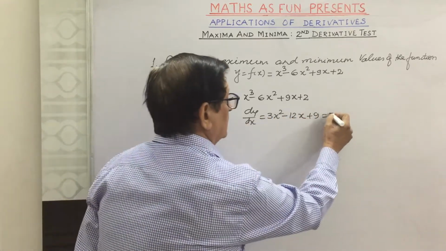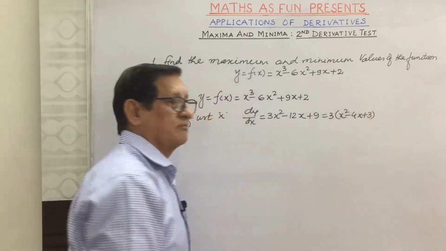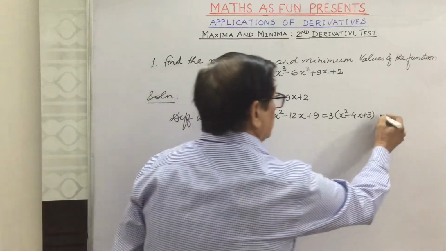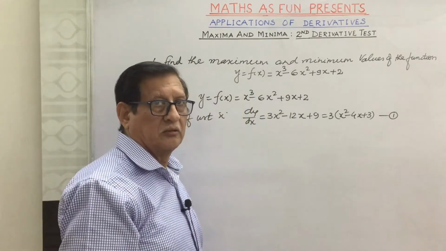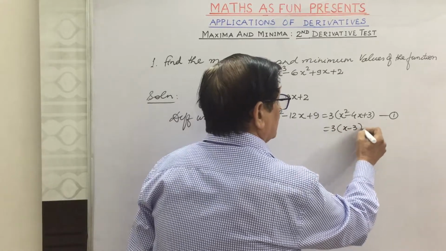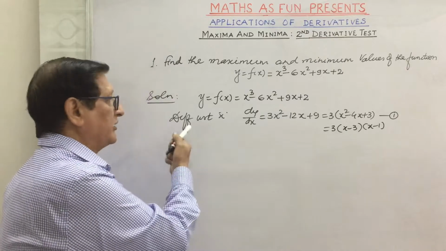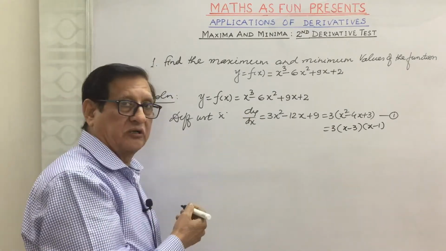3 is common, so we get 3 into x square minus 4x plus 3, and this we can write as number 1. The factors of this are 3 into (x minus 3) into (x minus 1). And now the next step is to find the critical points.